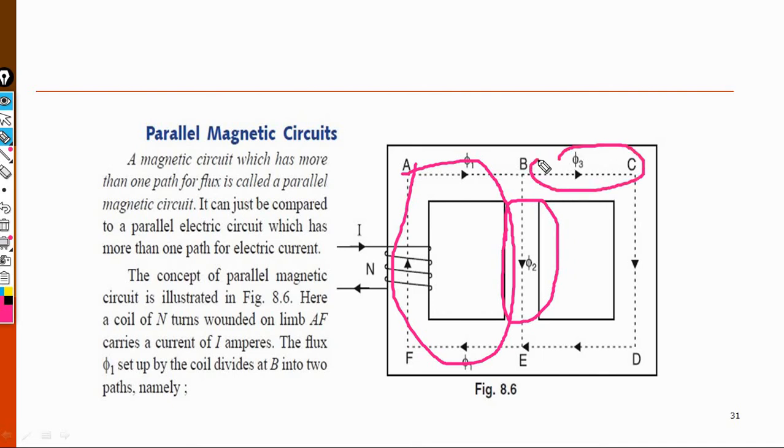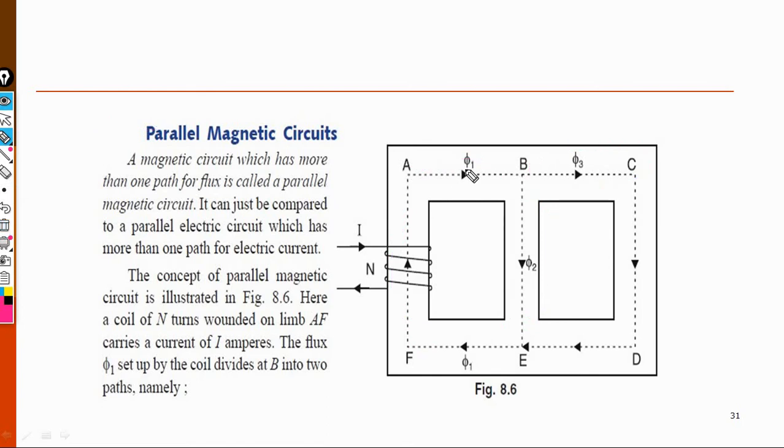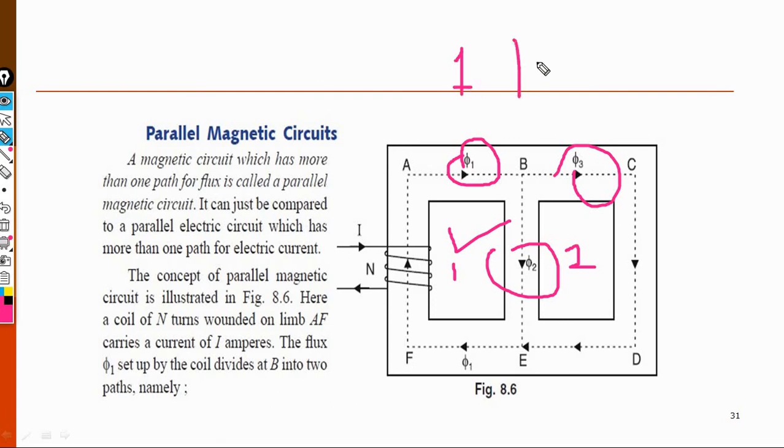That means a parallel magnetic circuit consists of one or more paths. The fluxes are phi 1, phi 2 and phi 3. This is the first magnetic circuit and this is the second magnetic circuit, and the first magnetic circuit is parallel to the second magnetic circuit.